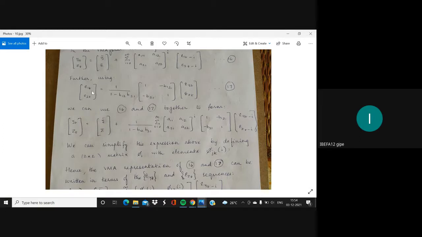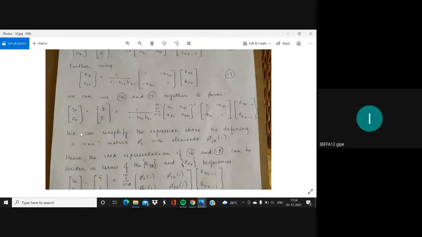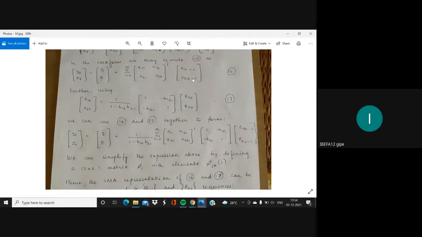So we are using the fact that e1t and e2t are equal to B inverse into epsilon t, and we can rewrite these equations again slightly. So you can rewrite equation 16 using 16 and 17 in this way. Instead of e1t and e2t, we've simply put this right hand side of equation 17 now.